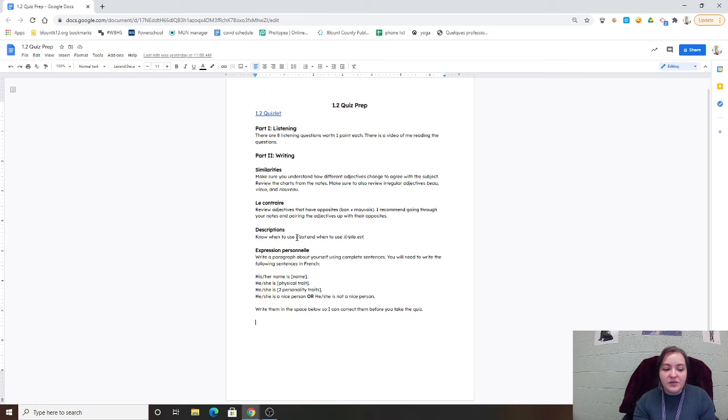So if you remember from this section, we're going to need to use c'est for this sentence. So c'est, and then you know the word for person, it's personne, which is a feminine word. C'est une personne, and then the word for nice, you can say sympa. C'est une personne sympa.